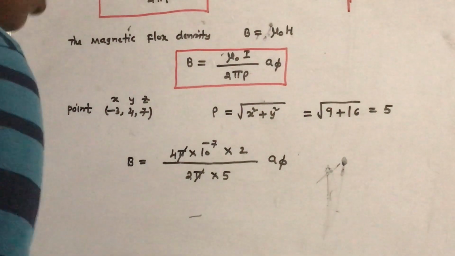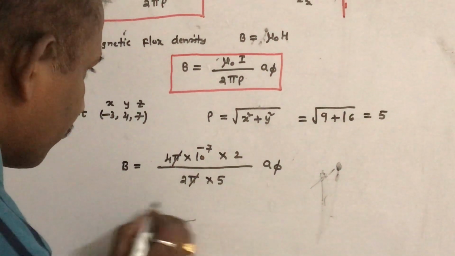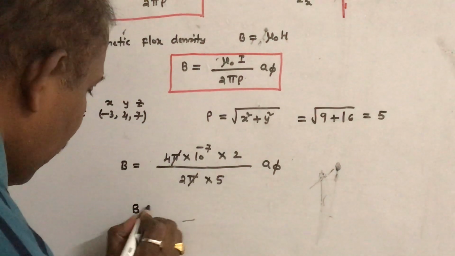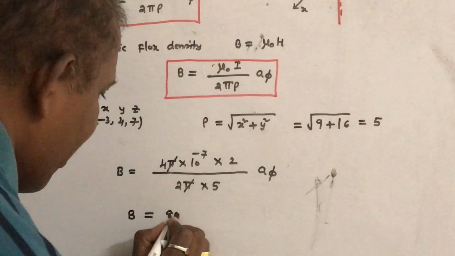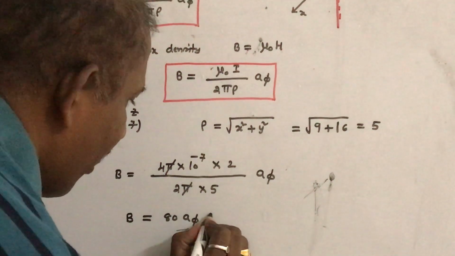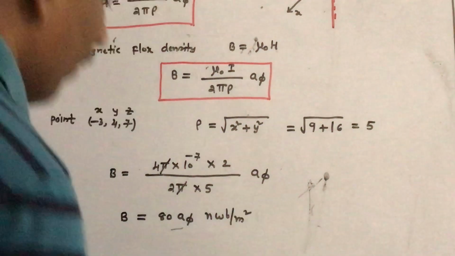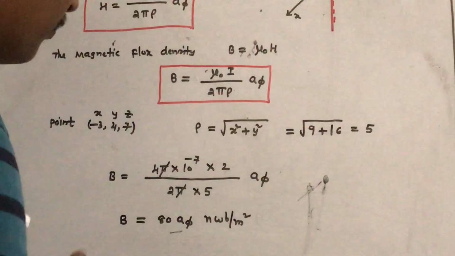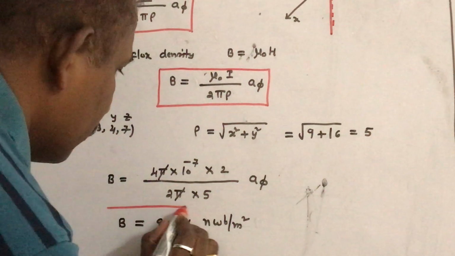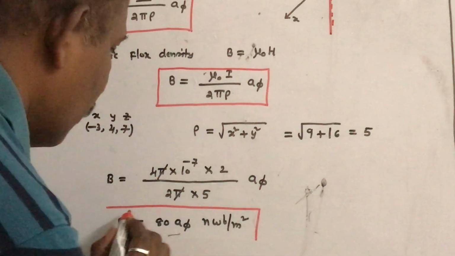Finally we get the magnetic flux density as 80 a phi nanoweber per meter square. So this is the answer for this problem.